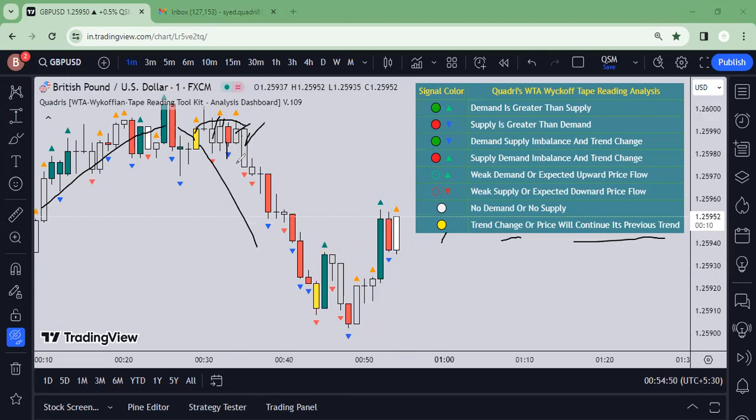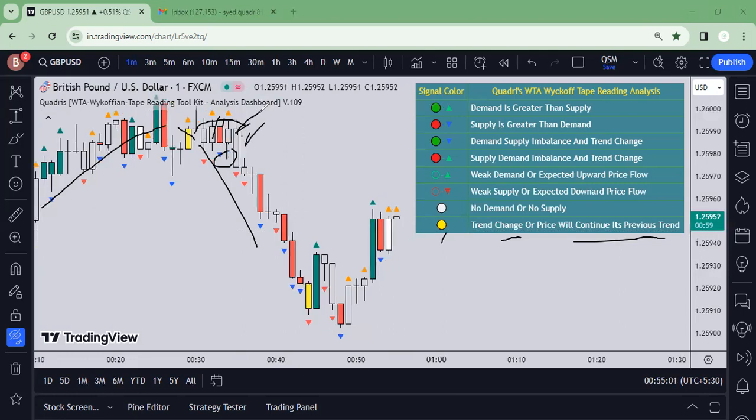We are going to go down with supply greater than demand, and after that a weak, no supply, on weak demand, price went downwards. Again here, the yellow bar, either price will continue or there would be a price trend change. This is the demand bar. Here demand is greater than supply. As we were approaching, this was a last gut check, and then price moved upwards.